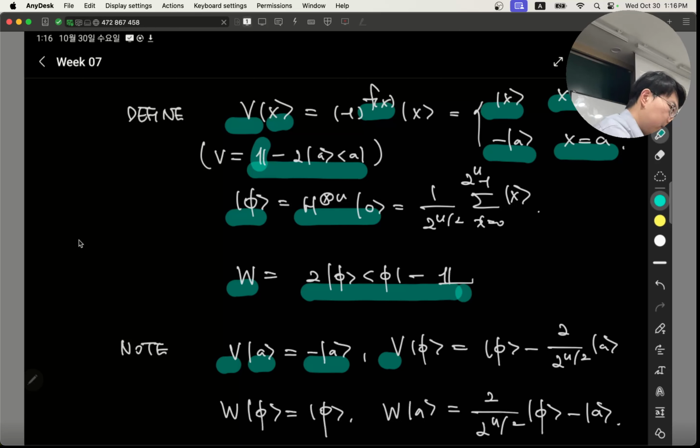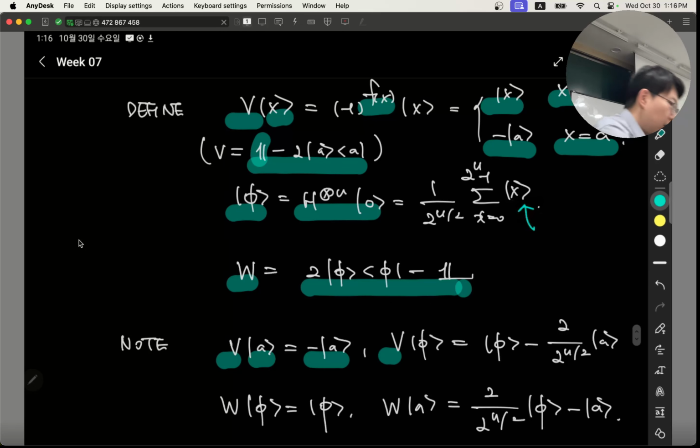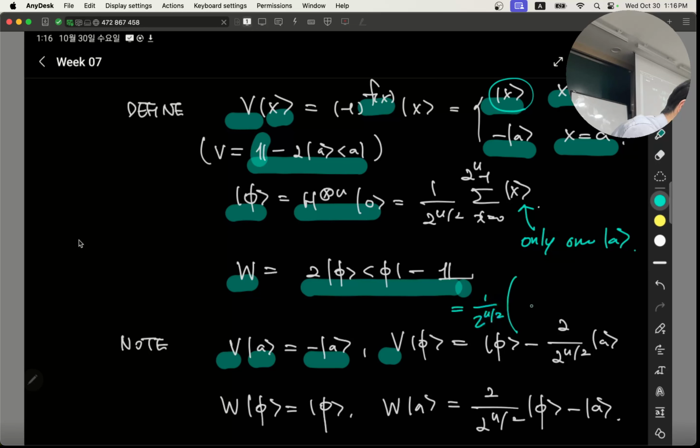Maybe I should write something on here. Everything is the same except for the base state A, right? There are 2 to the power of n states, but except one, everything falls into this case. After you apply V, there is only one A state, and the coefficient remains the same for the others.